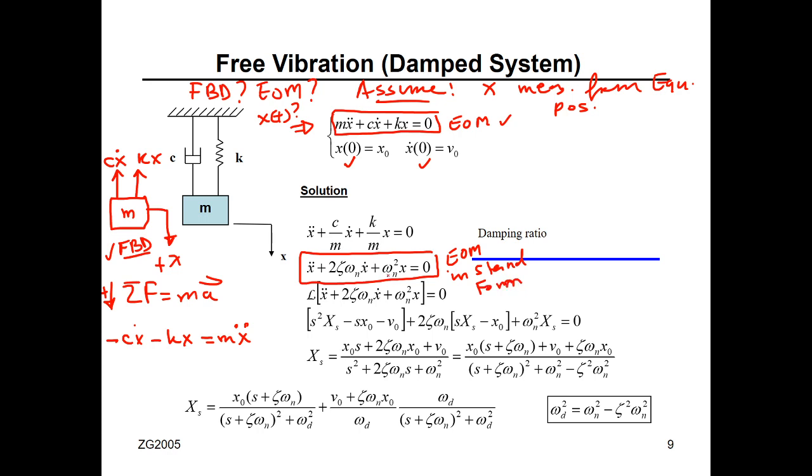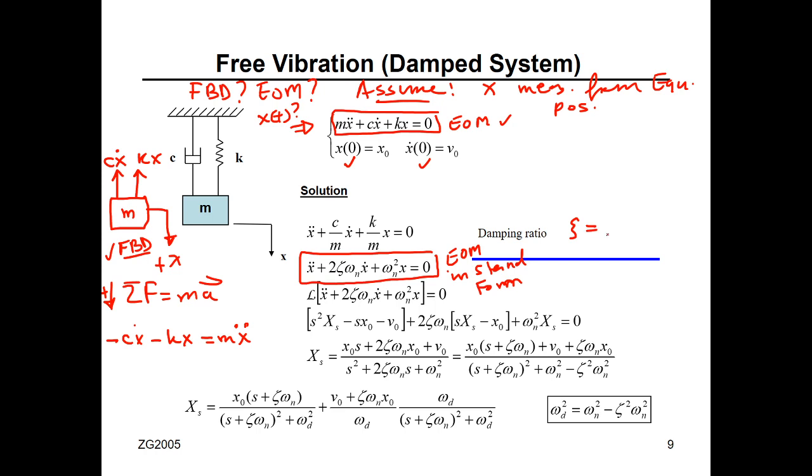Why do we write it in the standard form? You will see omega n squared here, the natural frequency. And also, we will get introduced to a new, very important constant. We call it zeta, and this zeta is the damping ratio.